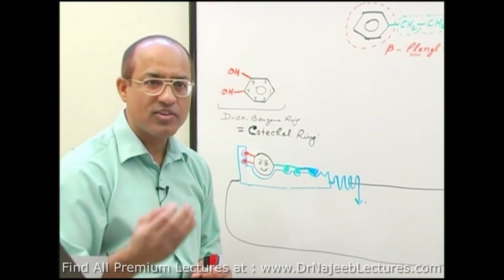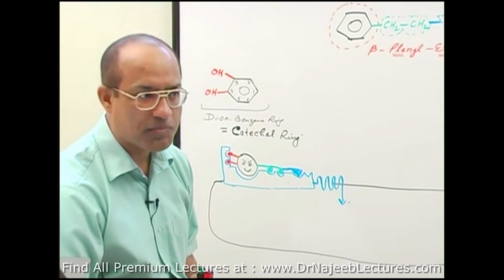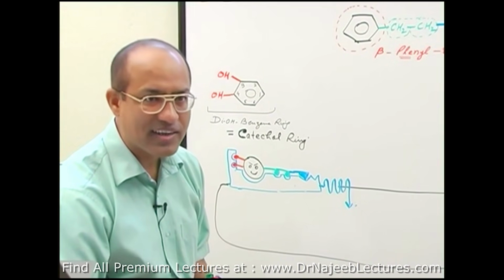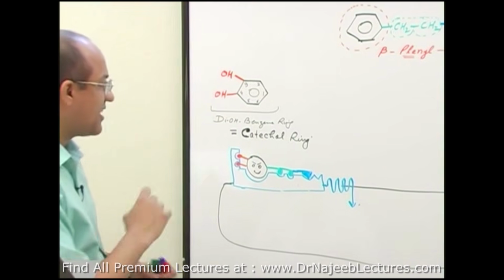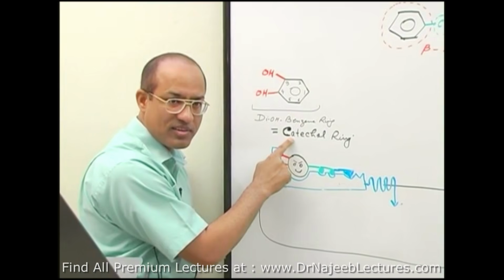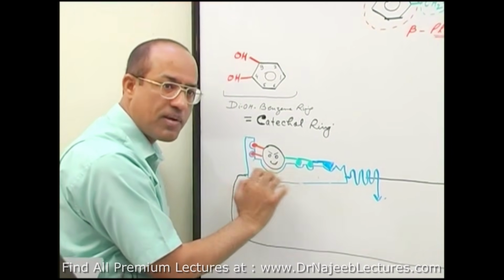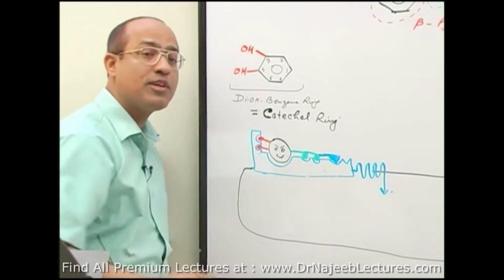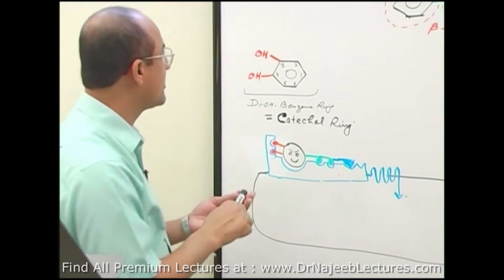Those sympathomimetic drugs which directly stimulate the adrenergic receptors are called direct acting sympathomimetic drugs. Now you can understand, because all catecholamines are having these two hydroxyls, all of them strongly bind with the adrenergic receptors, so all of them are directly acting sympathomimetic drugs.